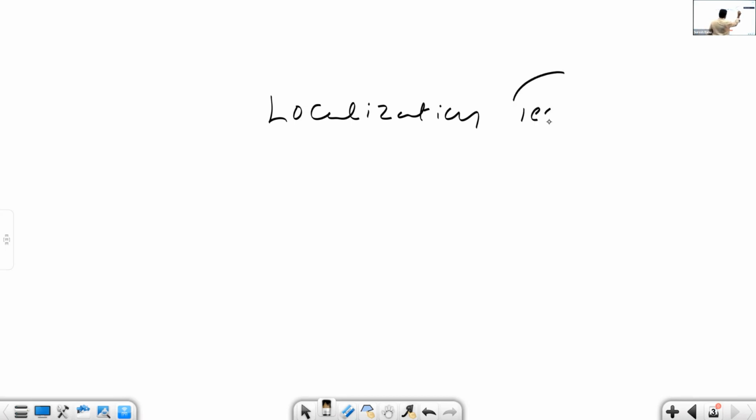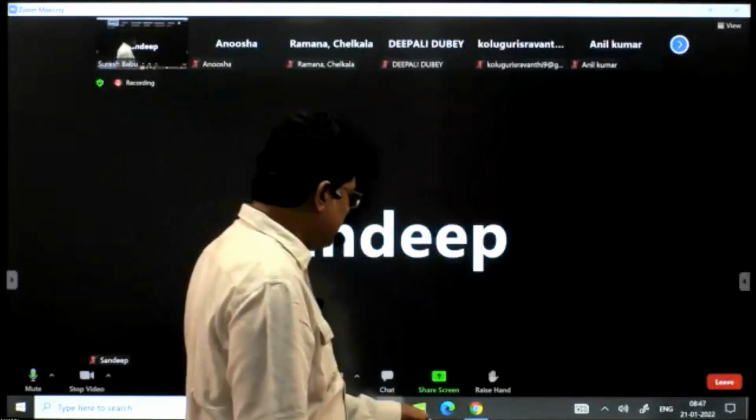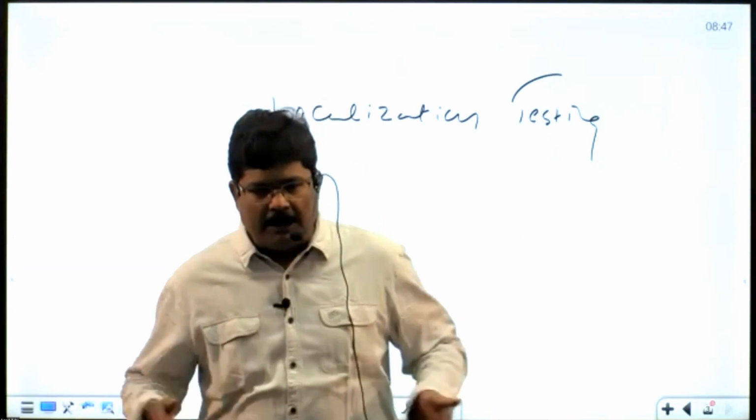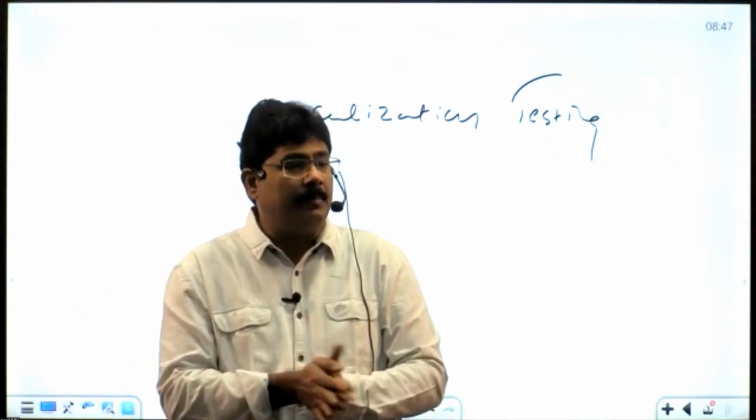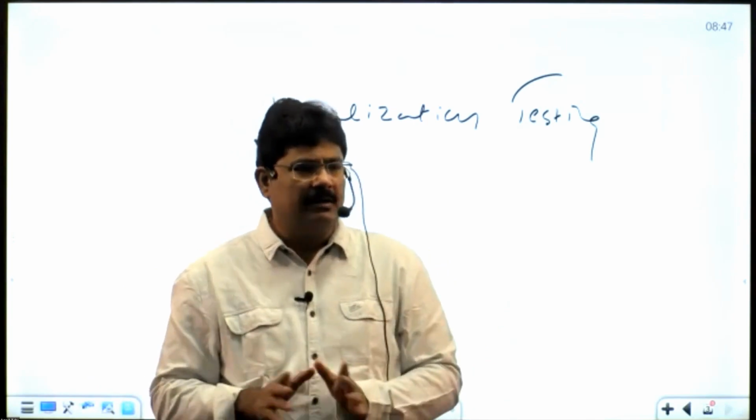The localization testing. As I said, when software is made for a particular locality of users, like IRCTC, whether the local regional languages and the local currency are implemented in the website needs to be tested.